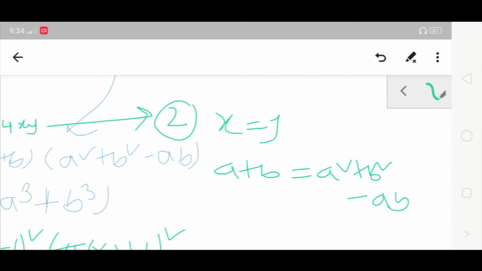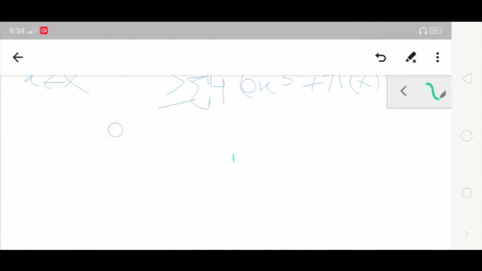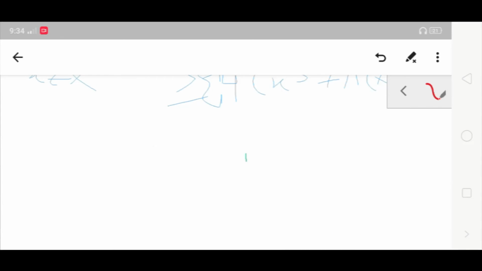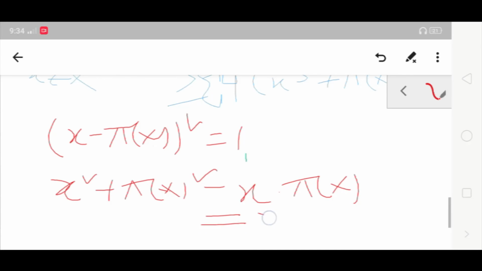Remember that I put a as x and b as pi x. So the case we should look into is (x minus pi x) squared equals 1, and x squared plus pi x squared minus x times pi x equals x plus pi x.